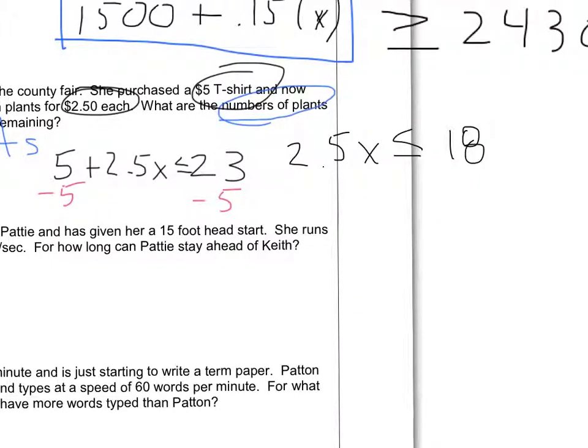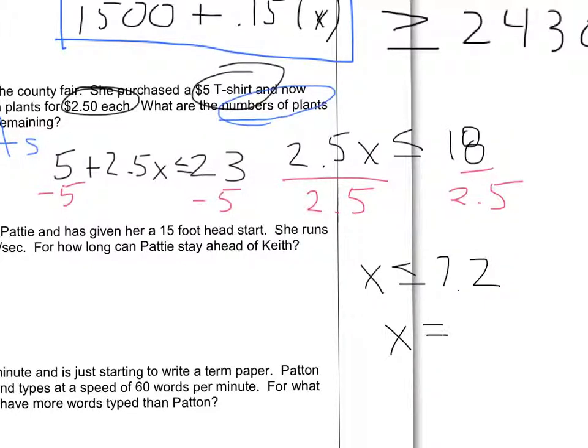So therefore we divide by 2.5, and that will give us x less than or equal to 7.2. Well, you can't buy 0.2 plants, so we round that down. So the greatest number of plants that she could buy is 7 plants.